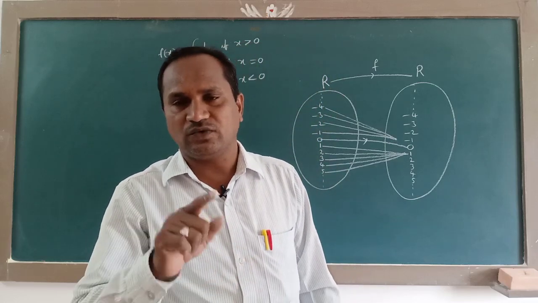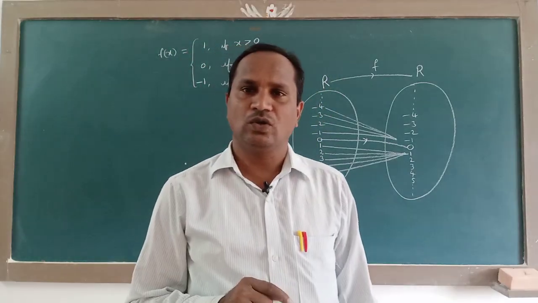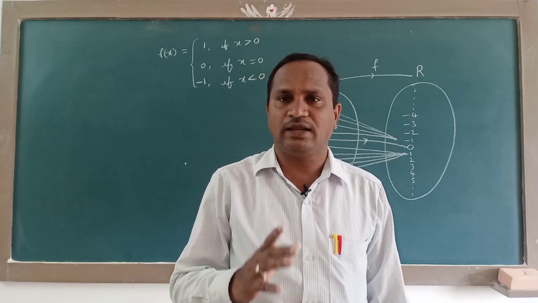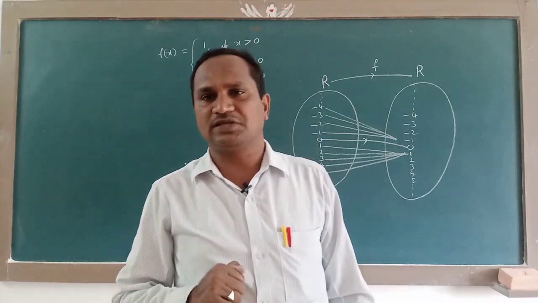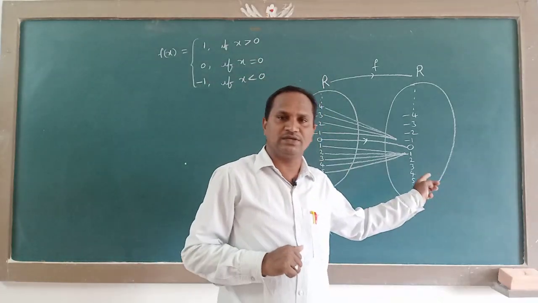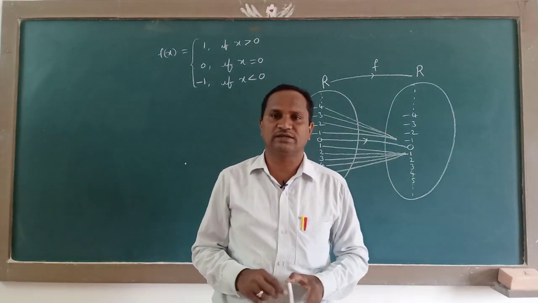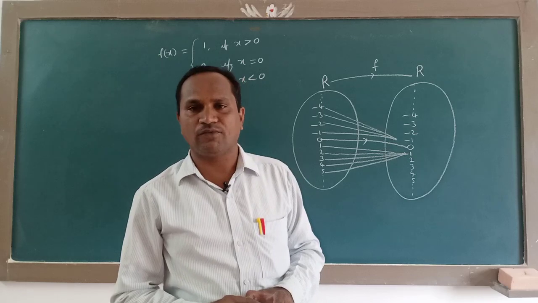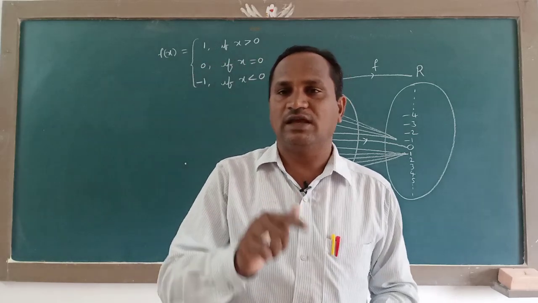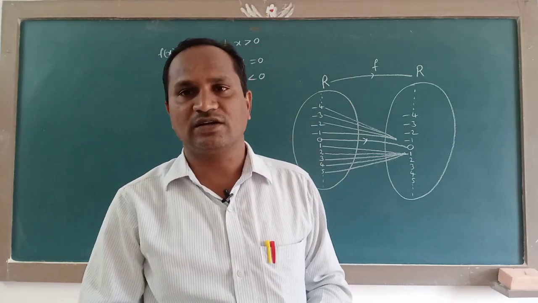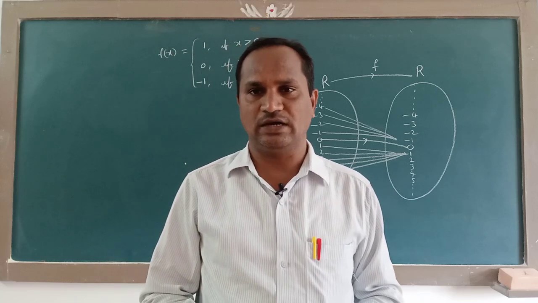As I already told, the range is the set of all images. Here the images are minus 1, 0 and 1. So the range of the signum function is always the set of elements minus 1, 0, 1 only.